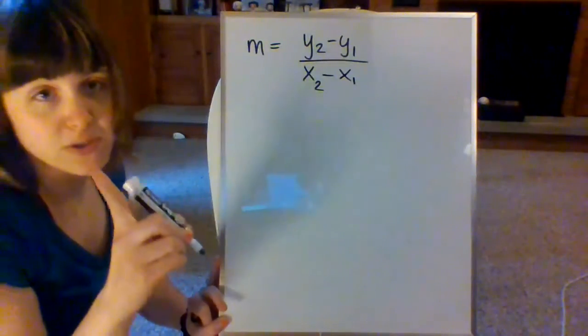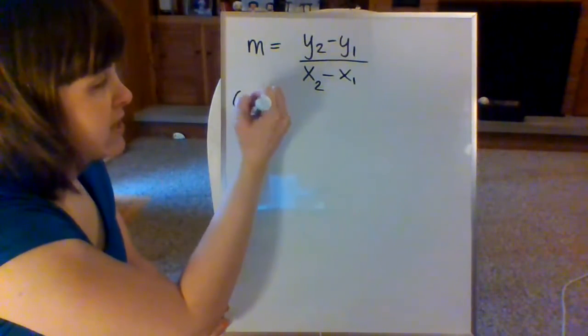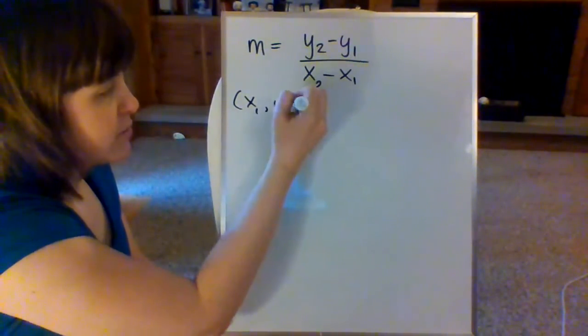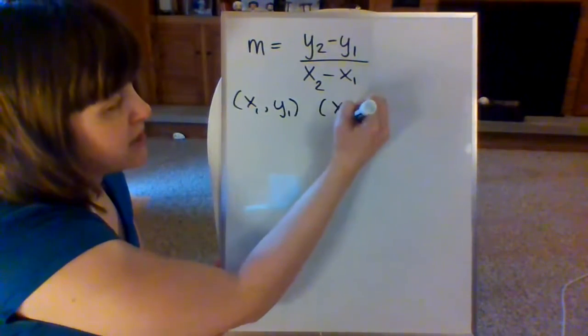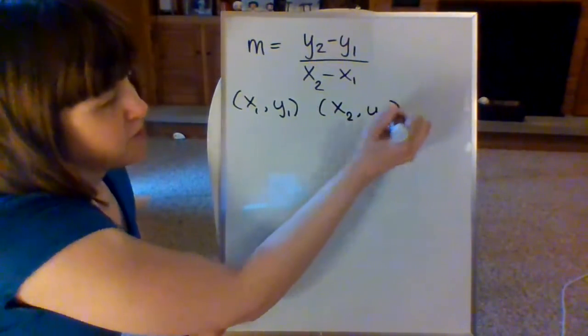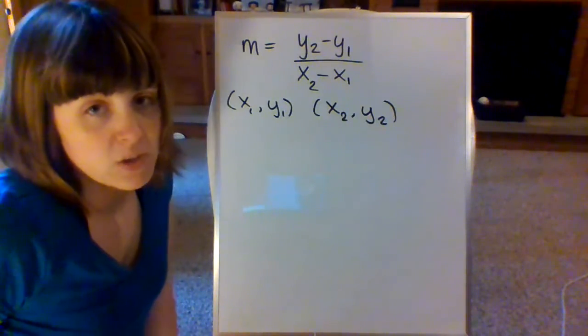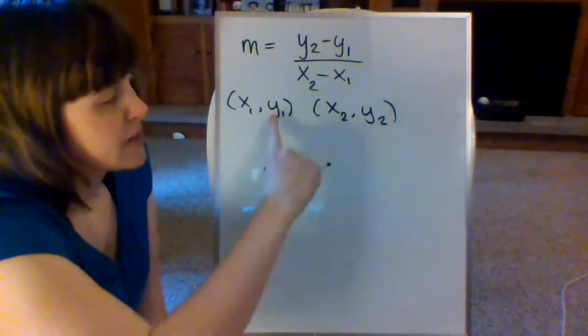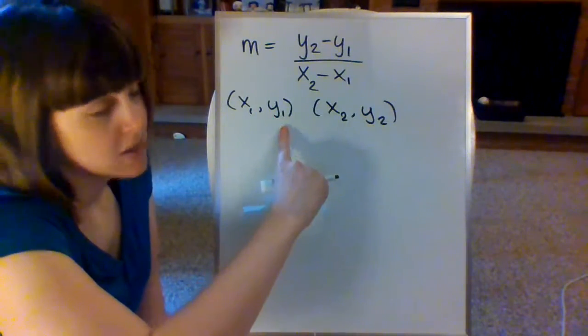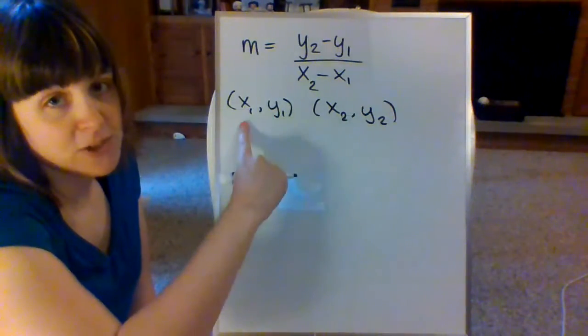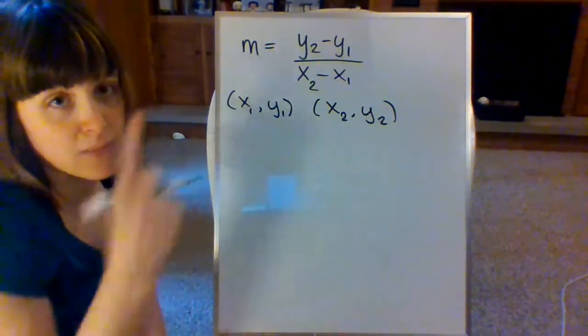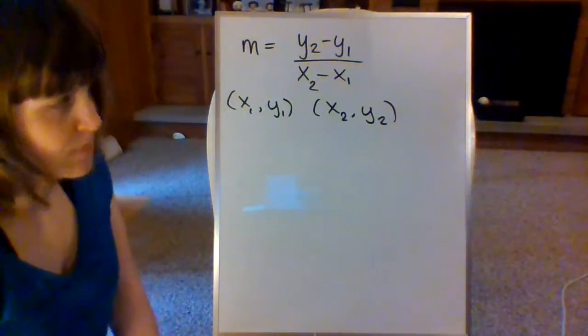And that works for 2 points that you're given that look like this, (x1, y1) and (x2, y2). So, you always start with second y minus first y on the top, and then second x minus the first x on the bottom. And then you simplify if you can.